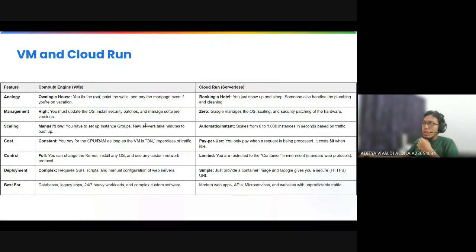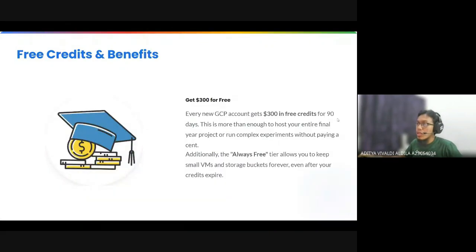And maybe you must update the OS for security patches, but it's slow, of course. Cloud Run is simple, pay per use. VM is constant. And with VM, you can change the kernel and install any OS that you want. That's the advantage of VM over Cloud Run. It's based on what you want to do, guys.